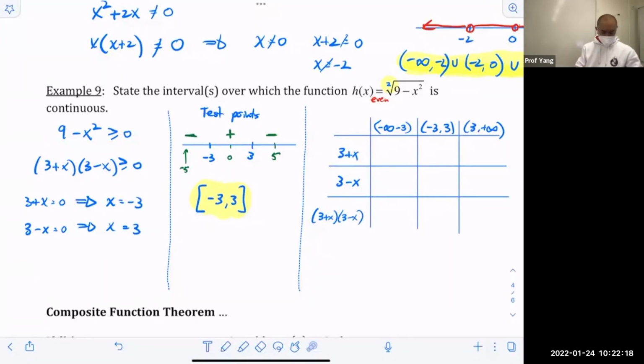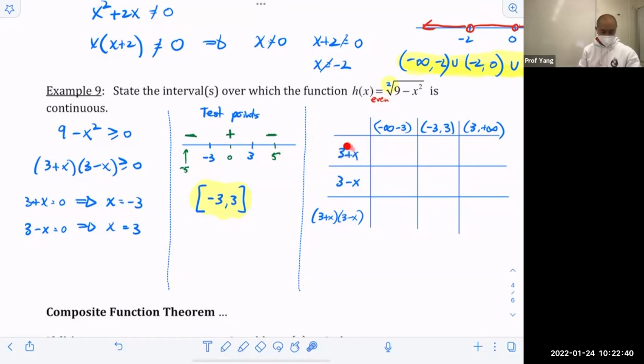So I hope you guys all recognize that this object right here is a line. It's a line sloping upwards or sloping downwards. How do you know? What is the slope? 1. So the slope is 1, it's going up.